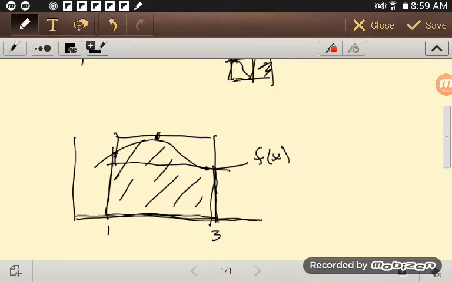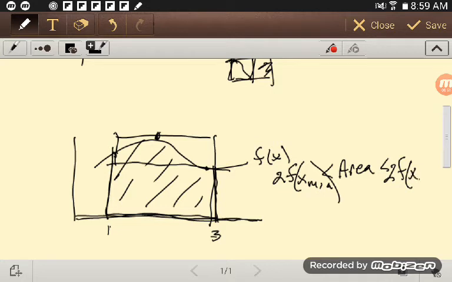And so the area, again, well, it would be, let's see, the width is 3 minus 1, so that's 2. So the area is bigger than 2 times f at x min, the x value that gives me the min, and smaller than 2 times f of x max.